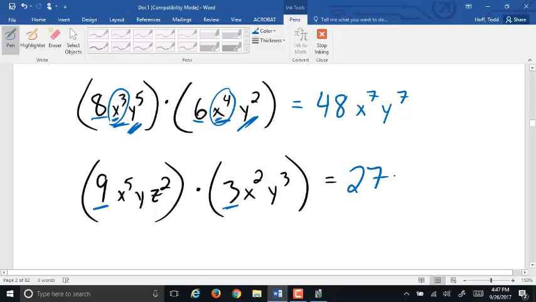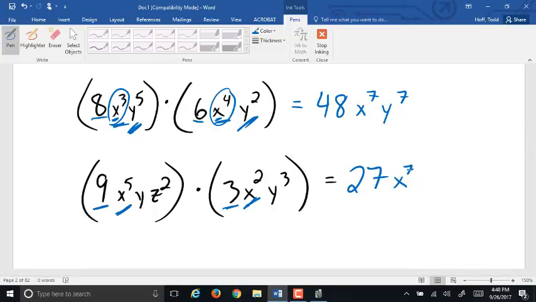Then I combine the first variable in the name. Alphabetically, which one comes first? X. So let's look at the x's first. X to the 5th and x squared make x to the 7th. Good. X to the 5th times x squared. We do 5 plus 2 is 7.